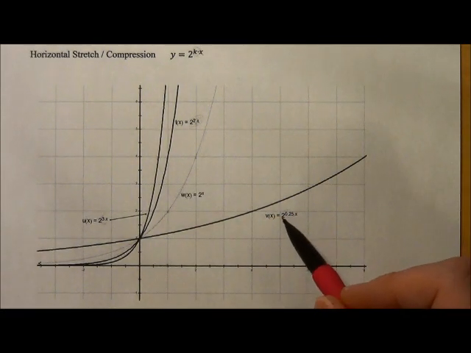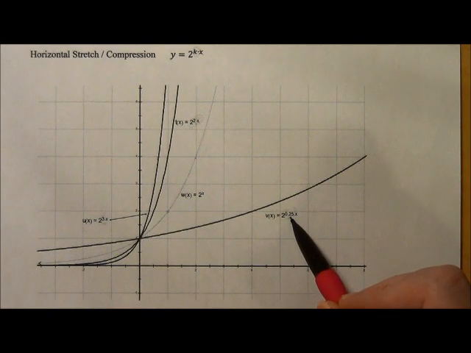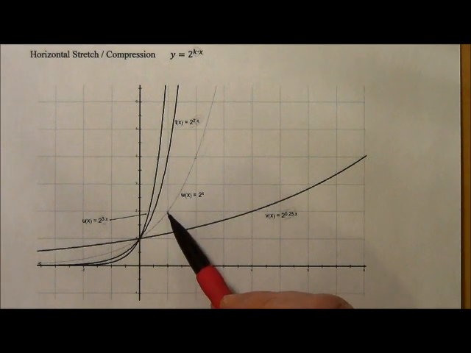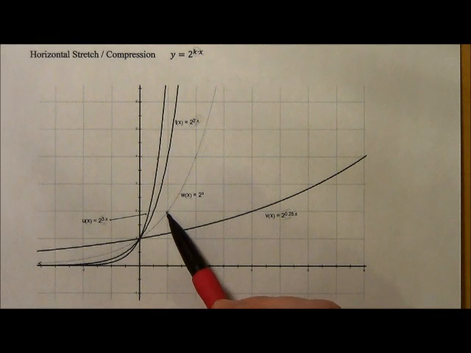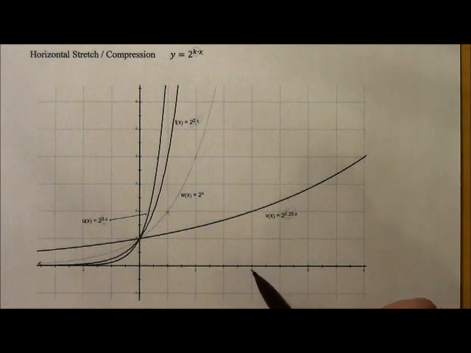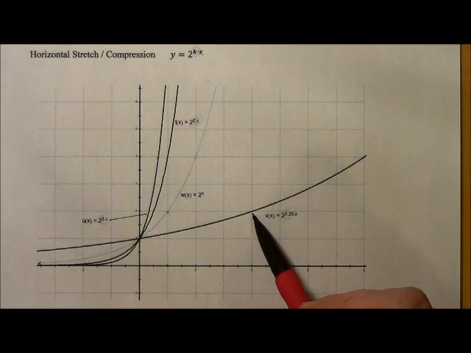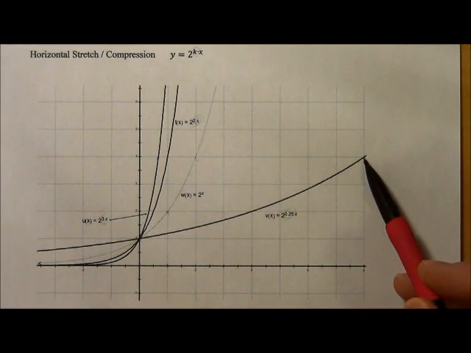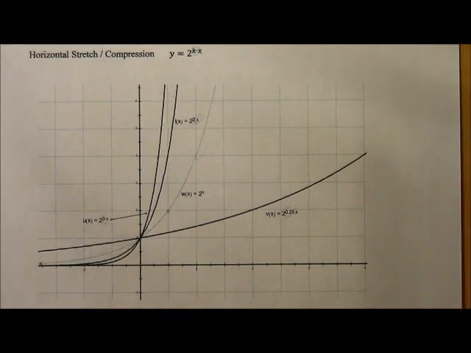And then when we're dividing by a quarter, when we have 2 to the 0.25x, this point of 1, 2, we divide the x coordinates by a quarter, and when you divide by a fraction, you flip and multiply. So we're multiplying the x coordinates by 4, so instead of being 1, 2, it then becomes 4, 2. This point of 2, 4 would then become the point 8, 4. Okay, etc.